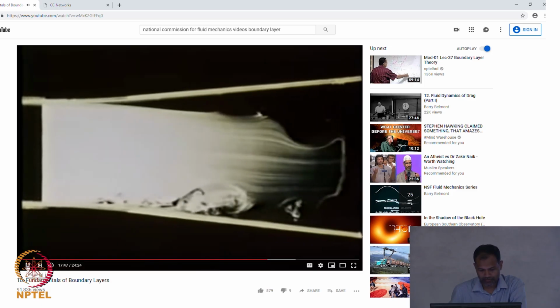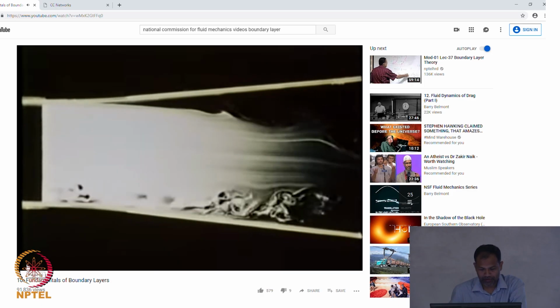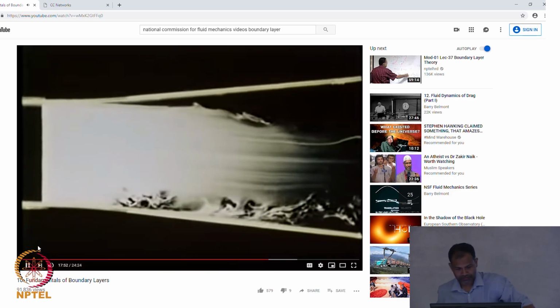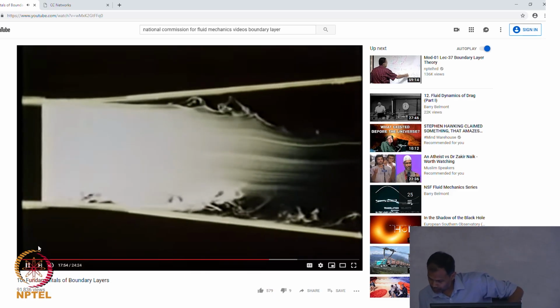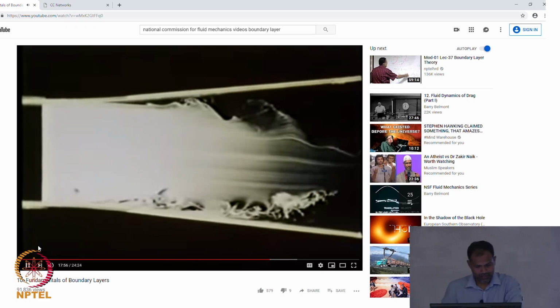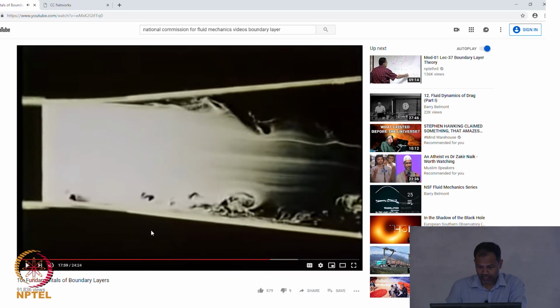So this is laminar to turbulent; top and bottom it is different. You can see that the turbulent boundary layer sticks to the wall much further downstream than the laminar boundary layer. At the top you can see separation; the fluid flow is going the other way. See, the white is coming from the left. If it occupied the full region, that would mean a unidirectional flow, but it does not.